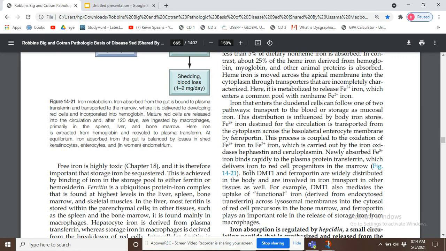First, in the diet, we have taken the ferric form of iron, Fe3. Then this ferric iron, before absorption from the duodenum, is converted into the ferrous form, Fe2 plus, and then enters into the duodenal epithelial cells.